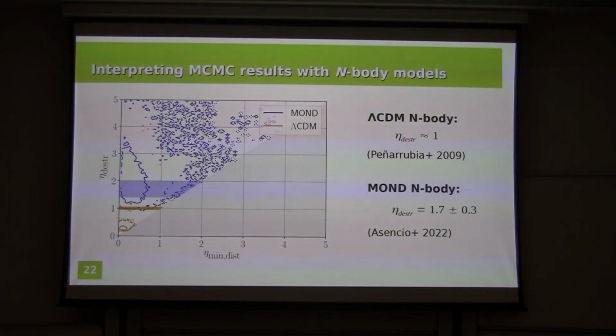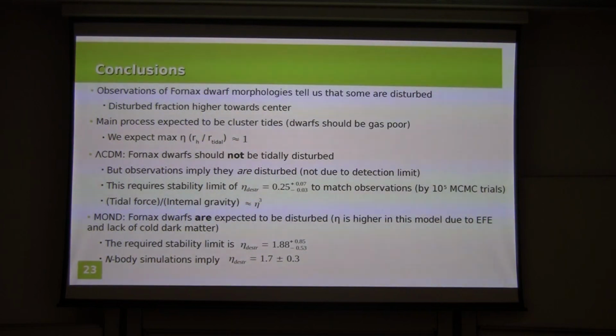So, just to summarize, the observations of the Fornax dwarf morphologies tell us that they are disturbed, and also that this disturbance of the dwarfs is higher towards the center.